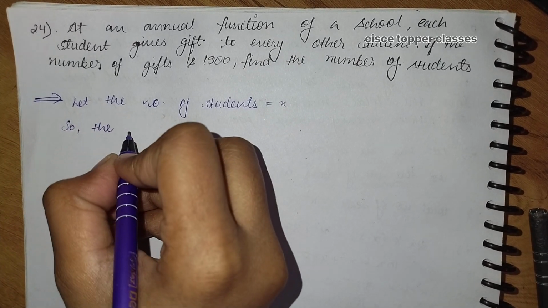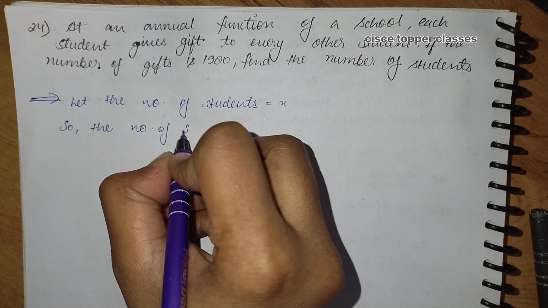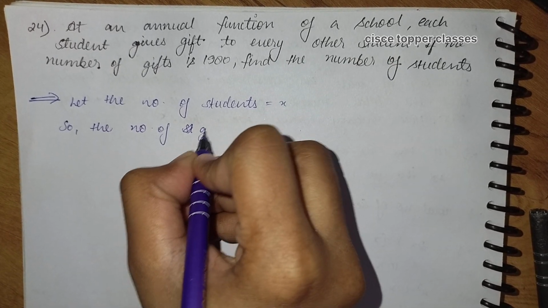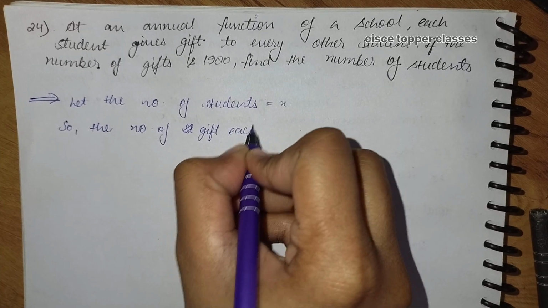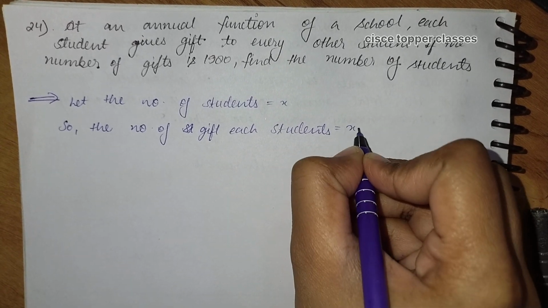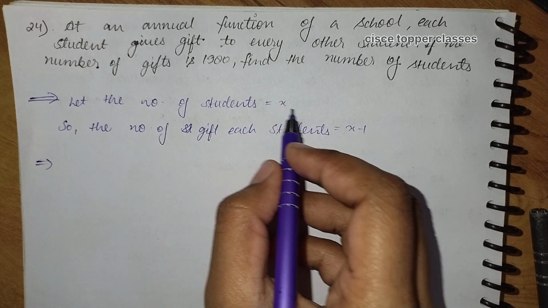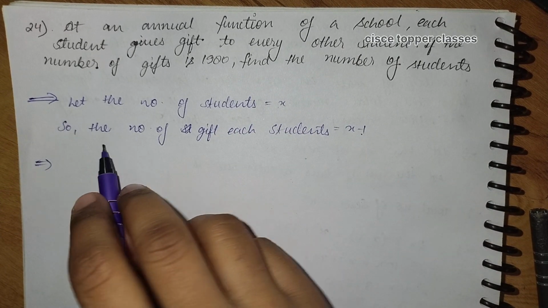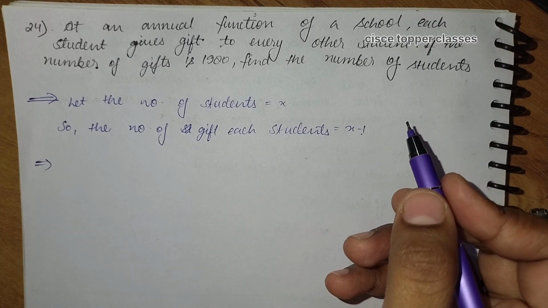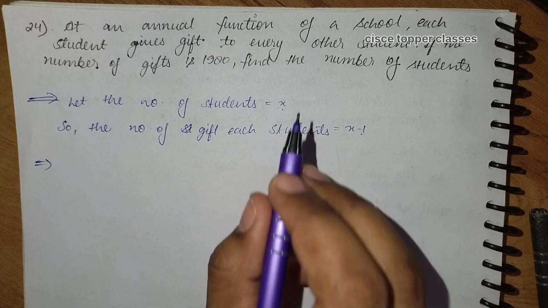So the number of gifts each student will give will be x minus 1, and we know if we write this value, that will become the total number of gifts, multiplied by the number of gifts each student gives and multiplied by the number of students here.